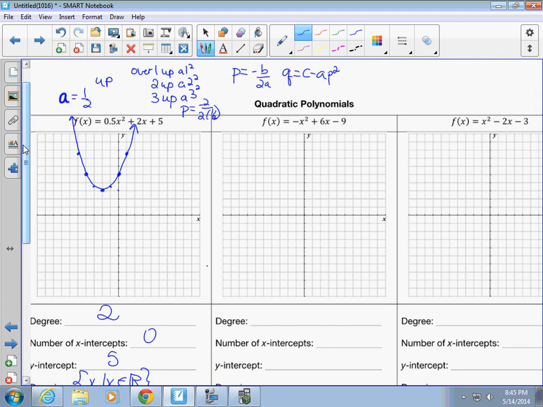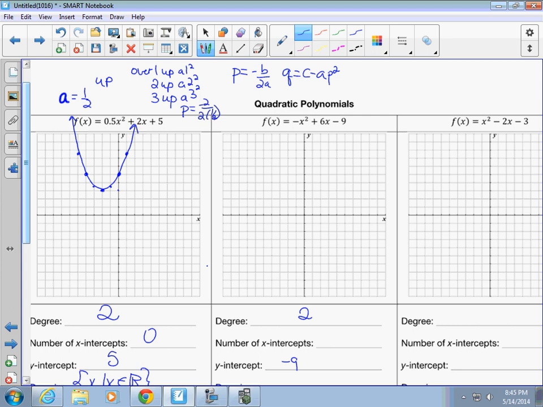Okay, -x squared plus 6x minus 9. So my constant is a -9, so I know that's what my y-intercept's going to be. I know my degree for this is a 2. So what else can I find out from this?